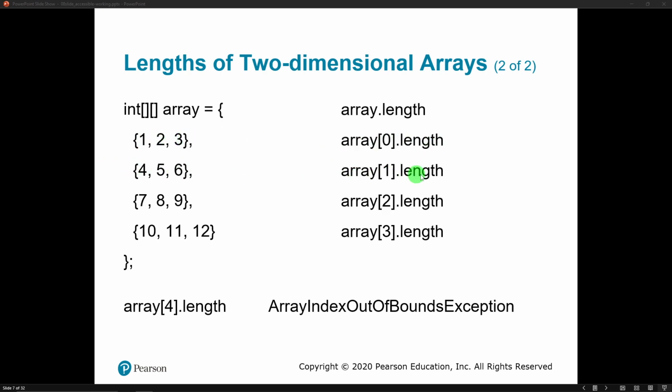This row is also 3, this row is also 3, and that row is also 3. If I try to get the length for array sub 4, there is no index 4. 0, 1, 2, 3. There is no index 4. So I would get an array index out of bounds exception thrown. So you have to be careful that you don't try to access an element that doesn't exist.